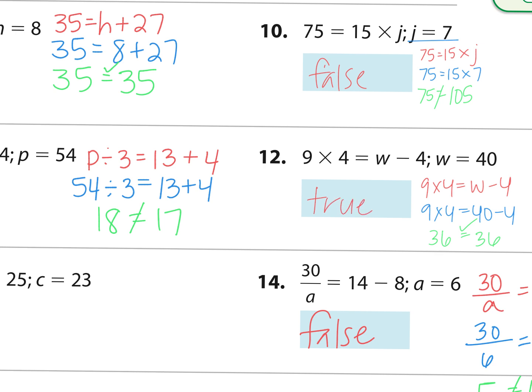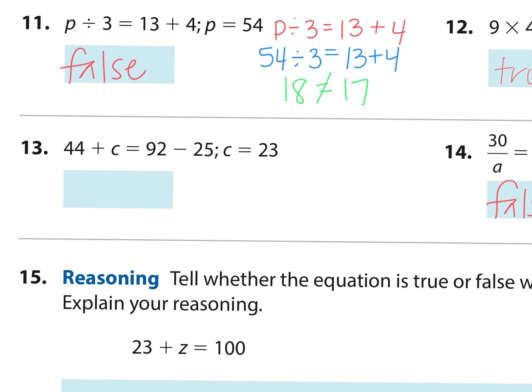Okay, moving right along. Number 13 this time. Similar setup. So I'm going to do 44 plus c equals 92 minus 25. And then I'm going to plug in what I know for my second step. So 44 plus 23 equals 92 minus 25. And now I solve. So let's start with 44 plus 23.